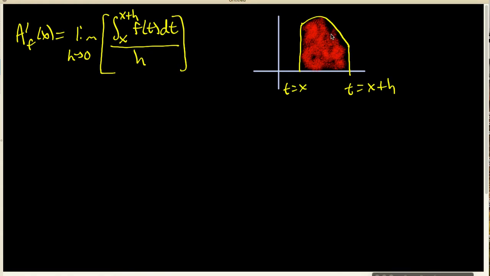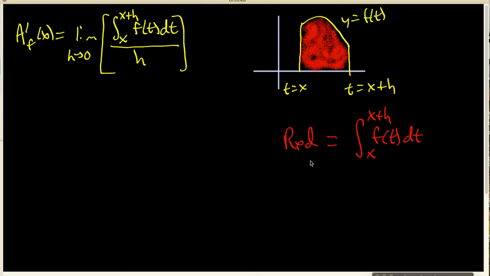And that red area, remember, is given by the integral from x to x plus h of f of t dt, because this is y equals f of t.